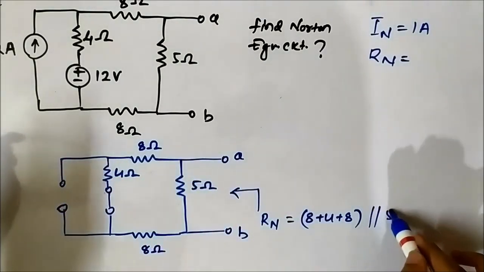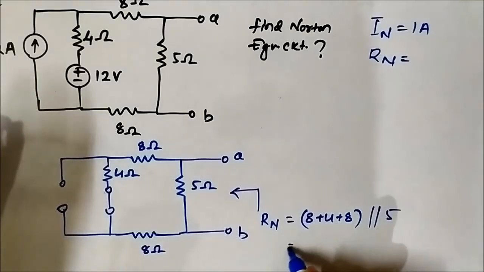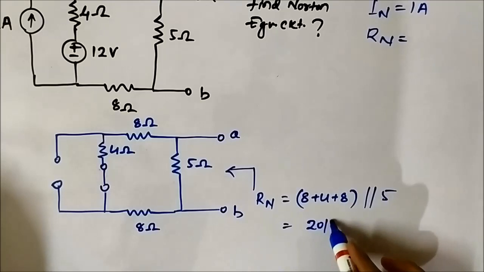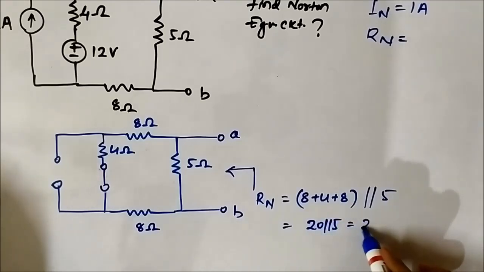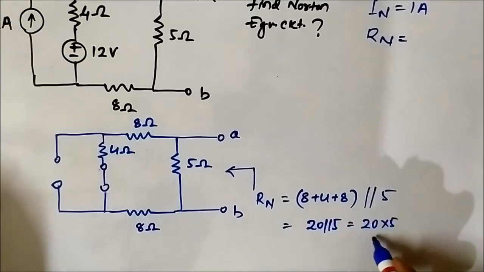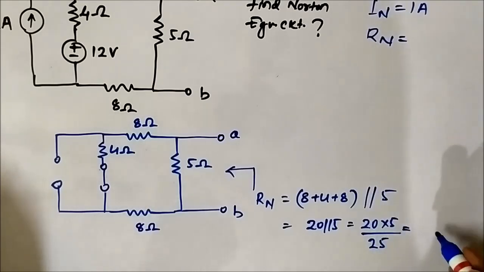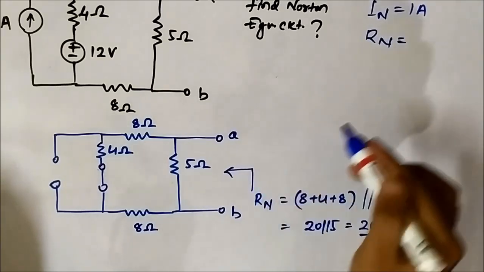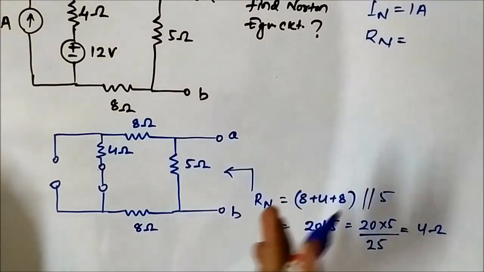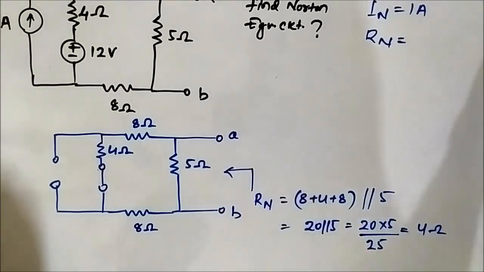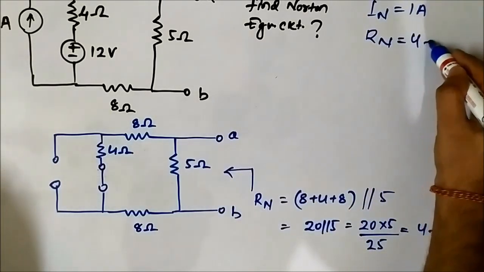So it is 20 parallel 5, which is equal to 20 times 5 by 20 plus 5, which is 100 by 25, which is 4 ohm. So the equivalent resistance across these 2 points, Rn, is 4 ohm.